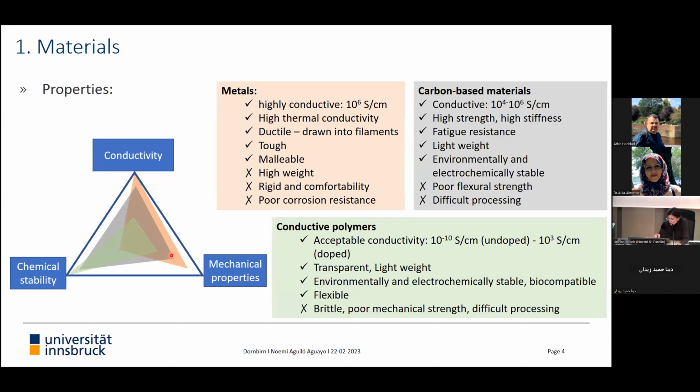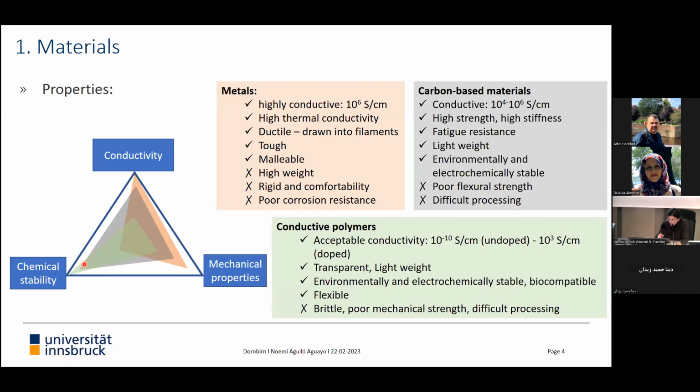They are not perfect because they can easily break when they are bent. This creates some problems when we create these conductive textiles with carbon fibers. Another advantage is that they are very stable electrochemically. They do not corrode, and also they are very stable at different environmental conditions, different pH.